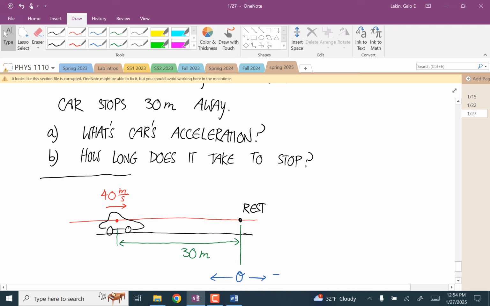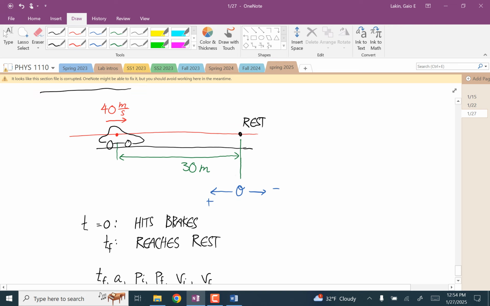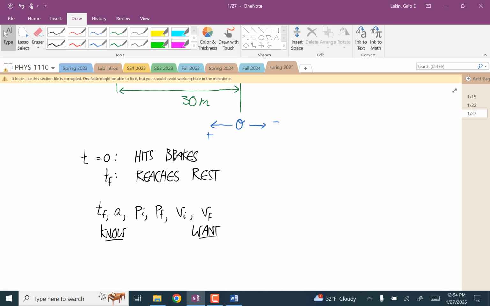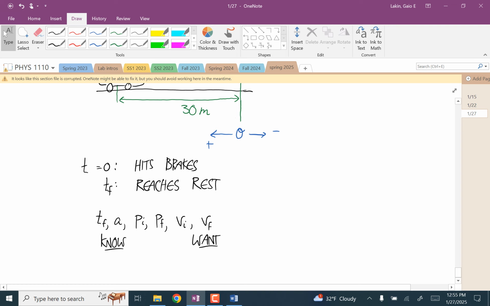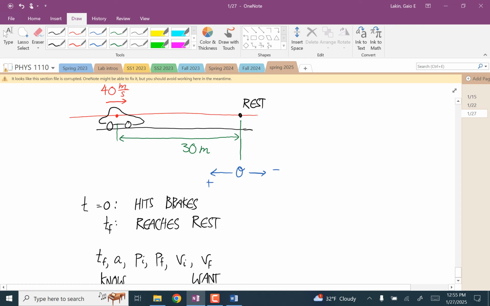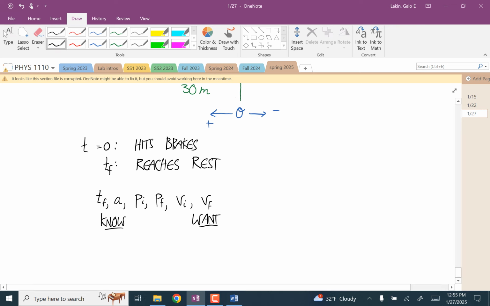For part A, we're trying to calculate the acceleration. Do we know how long it takes? No. For part B, we're going to try to find that, but for now we're not looking for it yet. That's part B, so I'll cross that off. Do we know the acceleration? No, that's what we're trying to find, so I'll put that over here.